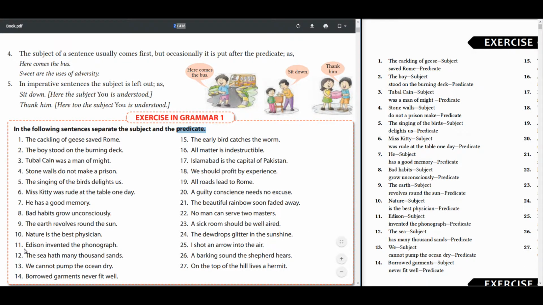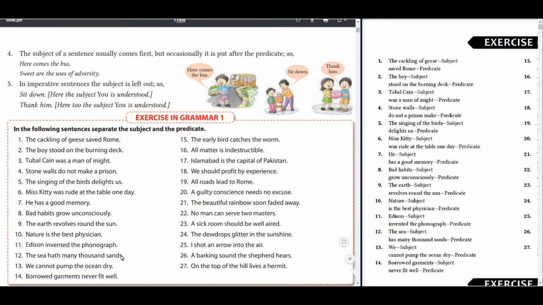Number 11. Edison invented the phonograph. Edison is a subject. Invented the phonograph is a predicate. The sea hath many thousand sands. The sea is a subject.